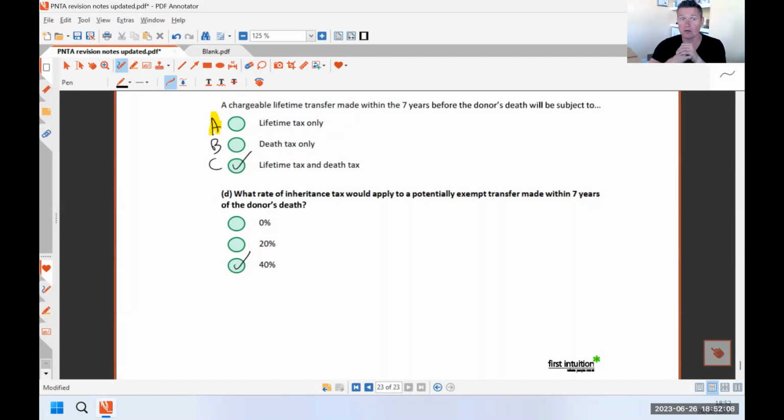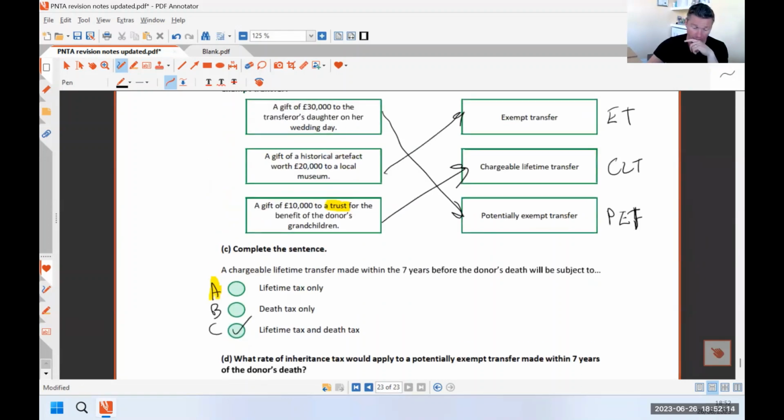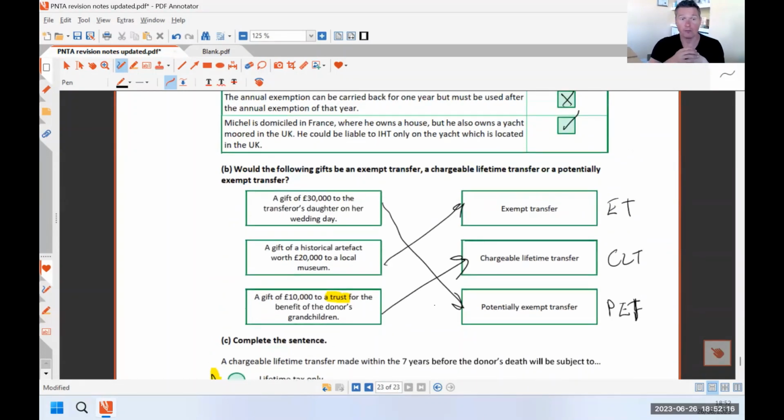So again, there's no negative marking. If you've got a true false question, you've got a 50-50 chance. And with something like this, you can hopefully use a bit of process of elimination to narrow your odds down.